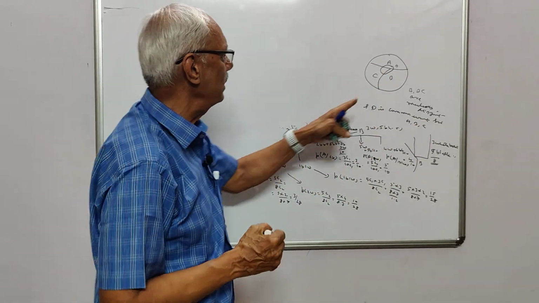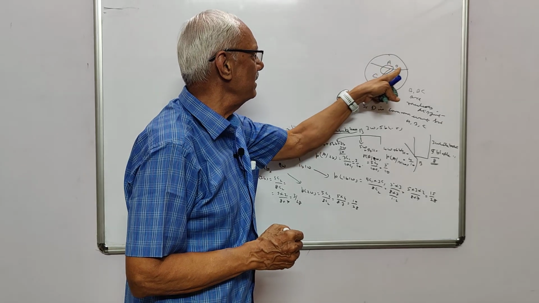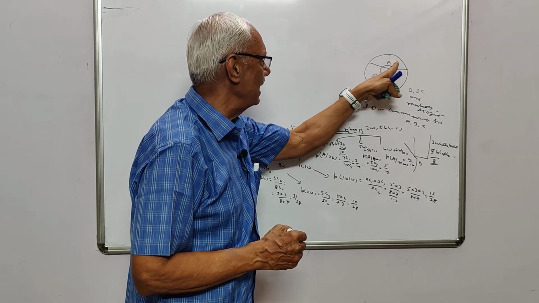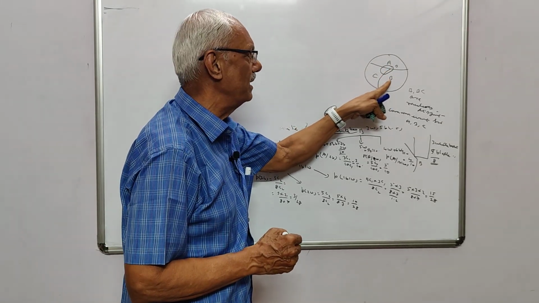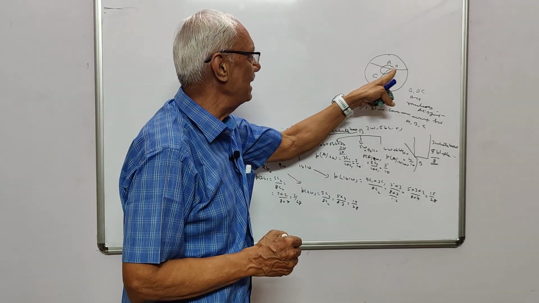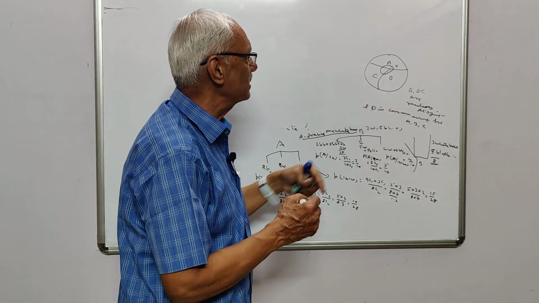Which is common to what? That means it is an event which is intersecting A, B and C. You must understand that very well.